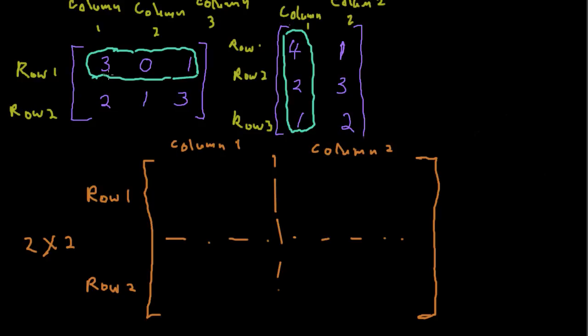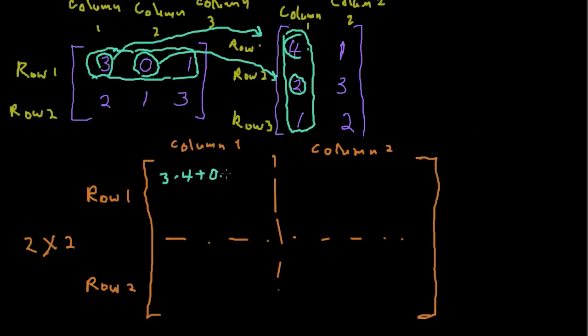And here's how. We take the first entry of row 1 and we multiply it by the first entry in column 1. So we're going to multiply 3 times 4 in this case. And then we take the second entry in row 1 and multiply it by the second entry in column 1, and we add that product.